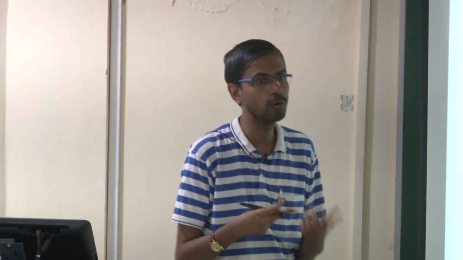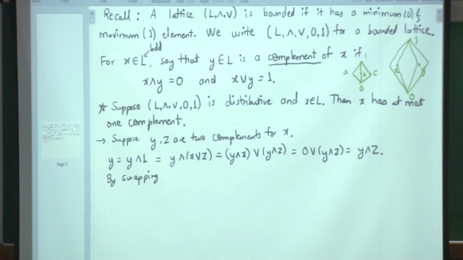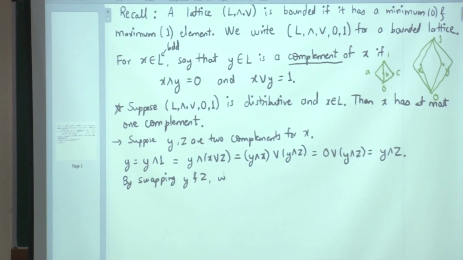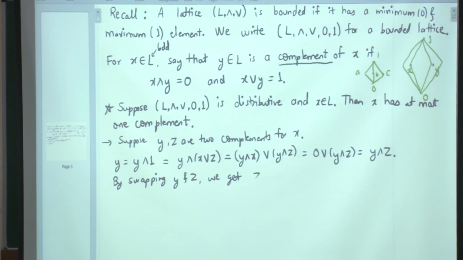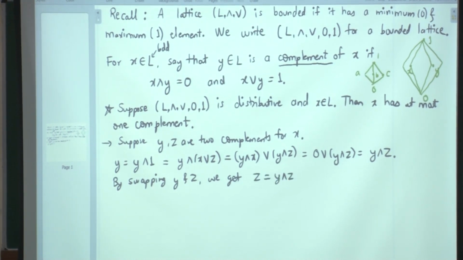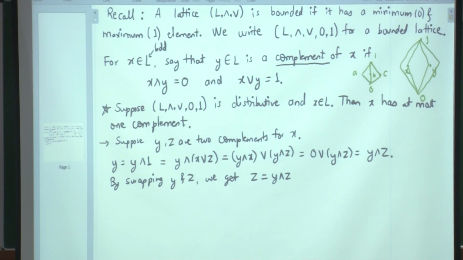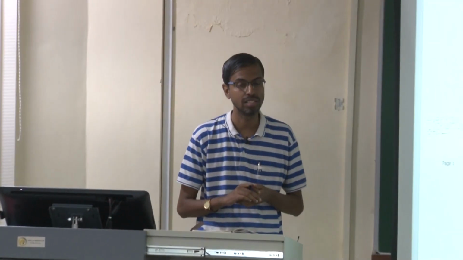Similarly, by swapping the roles of y and z, we get z is equal to z meet y, which by commutativity is y meet z, and hence y is equal to z. Done. A very simple proof that every element in a distributive bounded lattice has at most one complement.